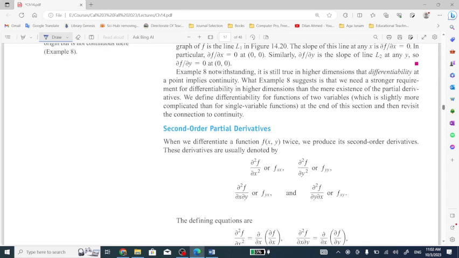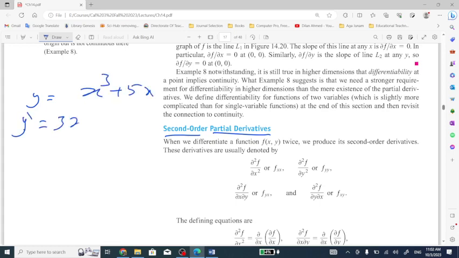Second order partial derivative. What do you mean by second order? Of course, in calculus, when you have y equal to x cubed plus 5x, y prime is equal to what? How about y double prime?